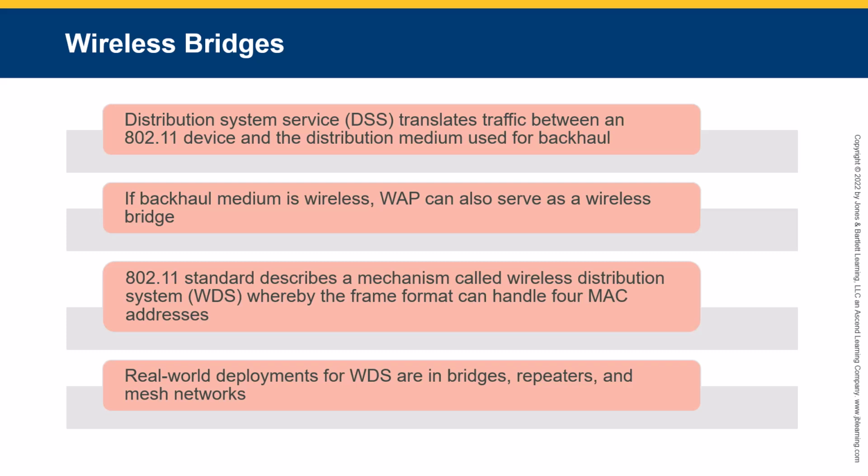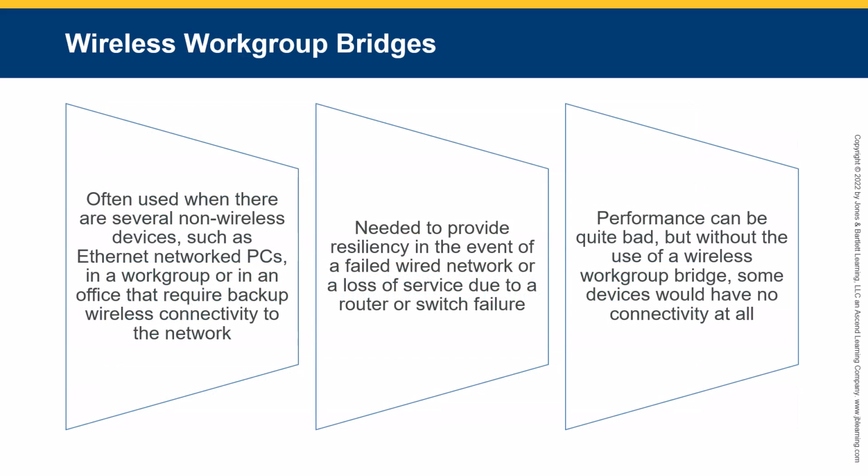In the real world, however, deployments for WDS are in bridges, repeaters, and other mesh-based networks. So often used when there are several non-wireless devices, such as wired PCs, needed to provide resilience in the event of failure of a wireless network, and performance can be quite bad, but without the use of a wireless bridge, some devices would have no connections at all.